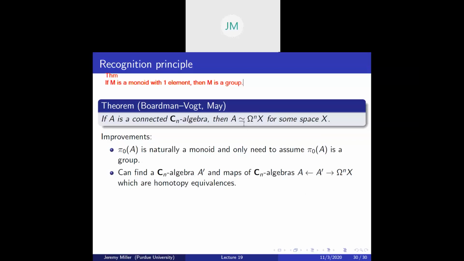So what we're going to do is find some CN algebra A prime that maps to both of them. And these maps are going to be homotopy equivalences and maps of CN algebras. This type of thing is called a zigzag. So not only is A homotopy equivalent to a loop space, the homotopy equivalence basically respects the algebraic structure.